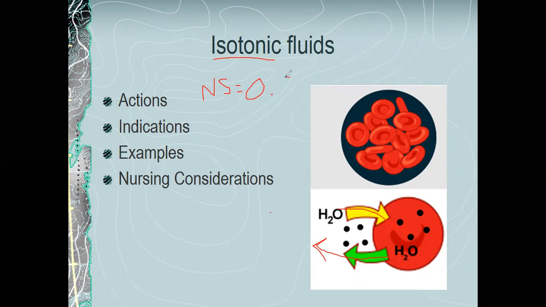So if you have low sodium levels, it could be used to replace some sodium. Also, it's going to be used to replace excessive losses through nausea, vomiting, dehydration, blood loss. It's going to be a quick replacement if somebody's bleeding out. It's going to be a quick volume replacer.